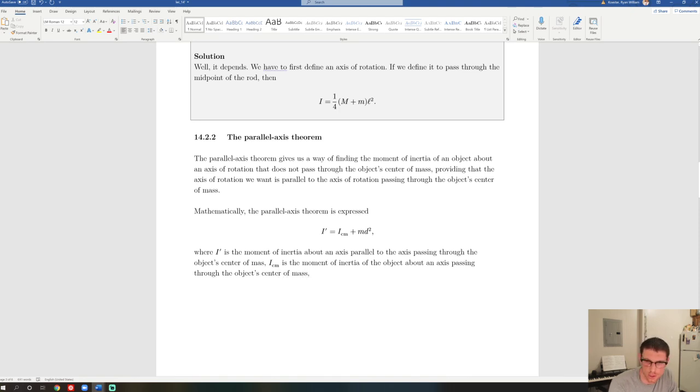Let me just check the verbiage here, make sure I like this. Oh, I misspelled mass. I don't like that. Okay, I think this looks good so far.